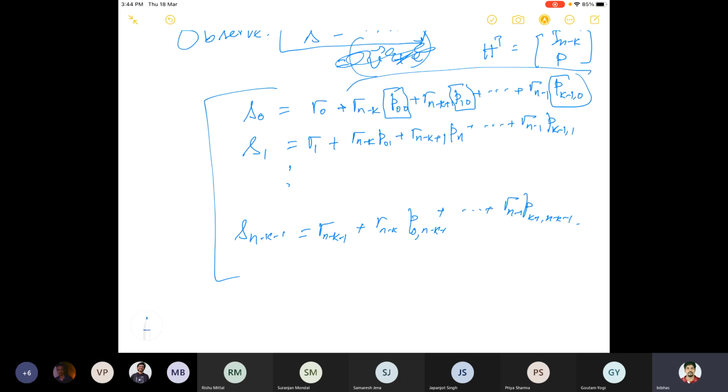It is the inner product of these two vectors. Since we have this kind of algebraic expression, we can design a circuit which can implement this. So the syndrome can easily be calculated.